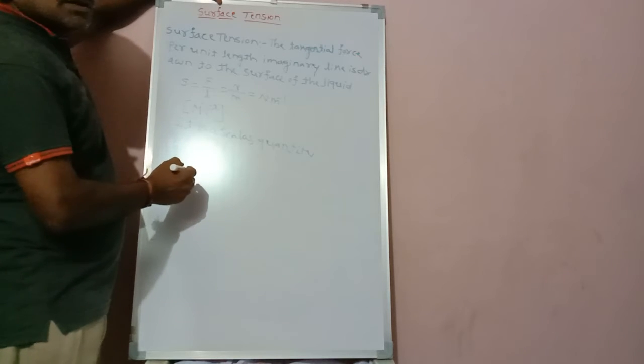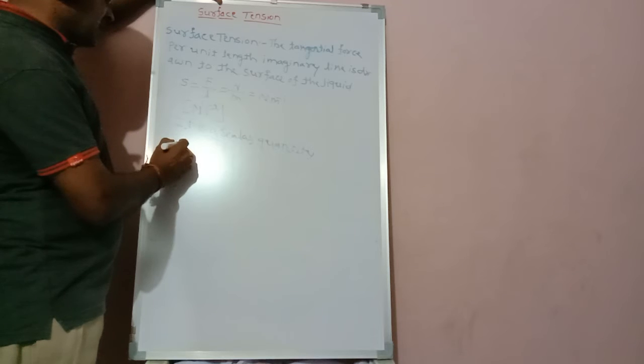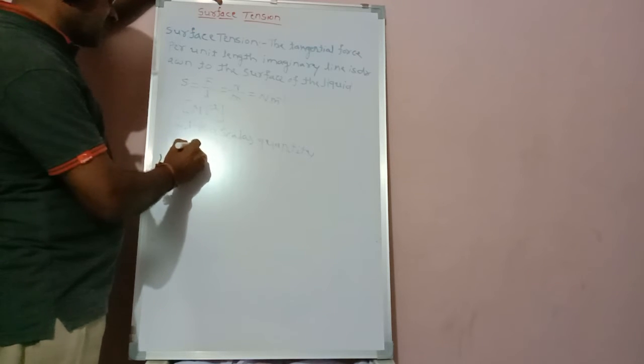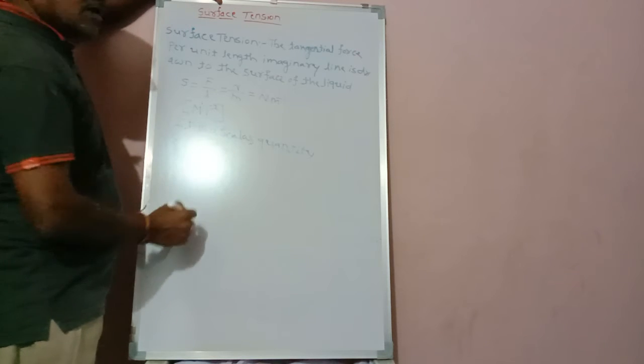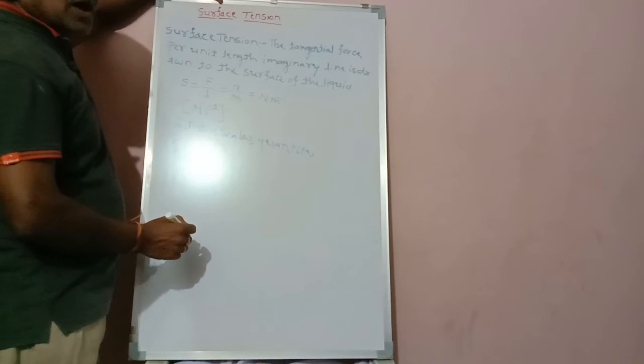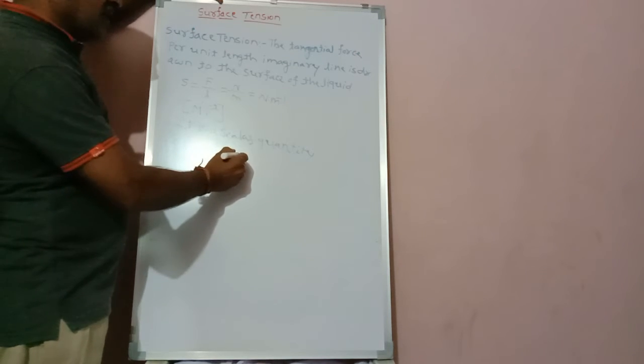And the surface tension of mercury is 0.465 Newton per meter for mercury and glass surface.